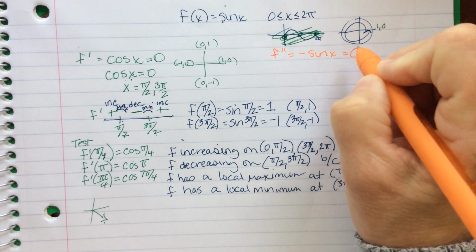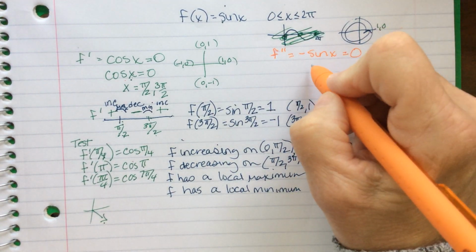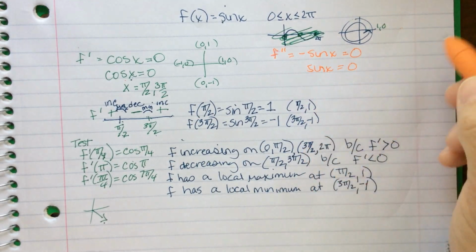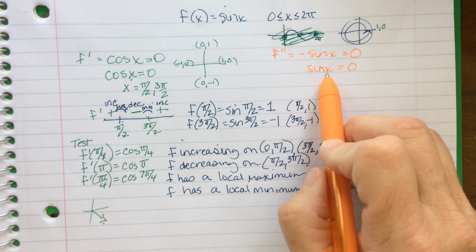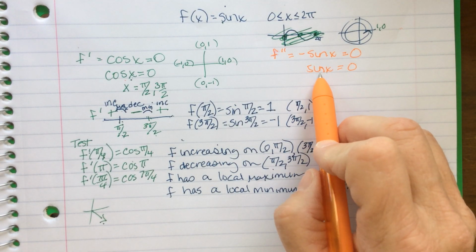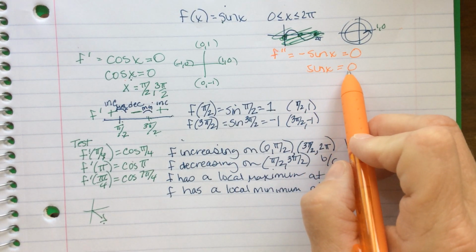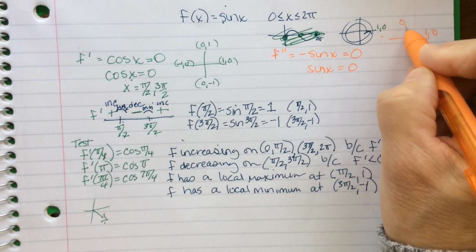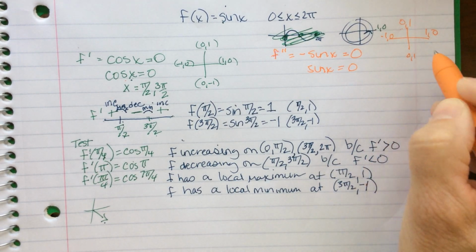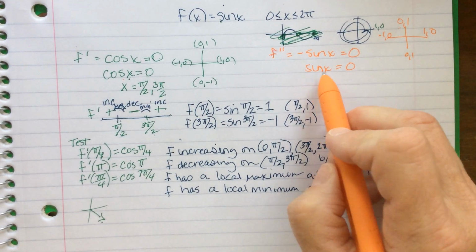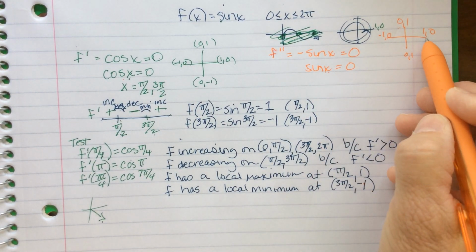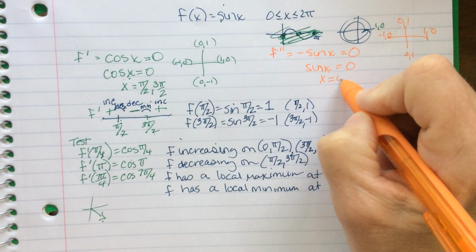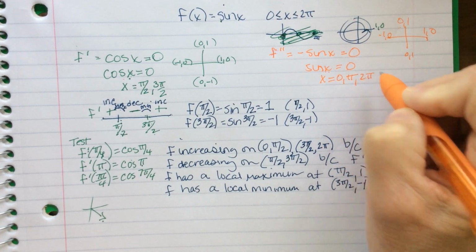So I have to set the second derivative equal to 0. And I now want to identify the values, or the angle measures whose sine values are equal to 0. So if we look back at our little angles here, then sine will be 0 at 0, pi, and 2 pi. So x equals 0, pi, and 2 pi.